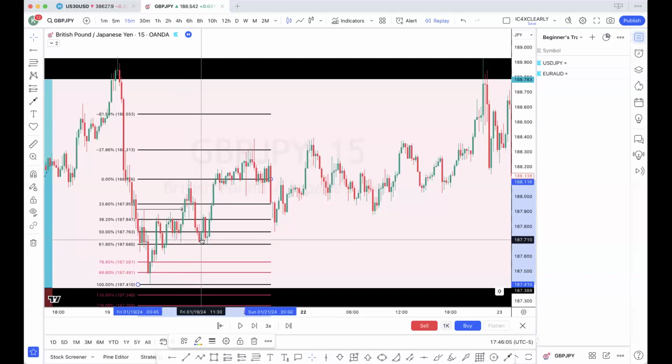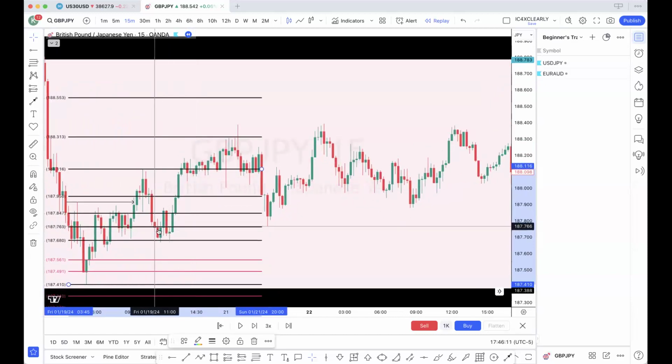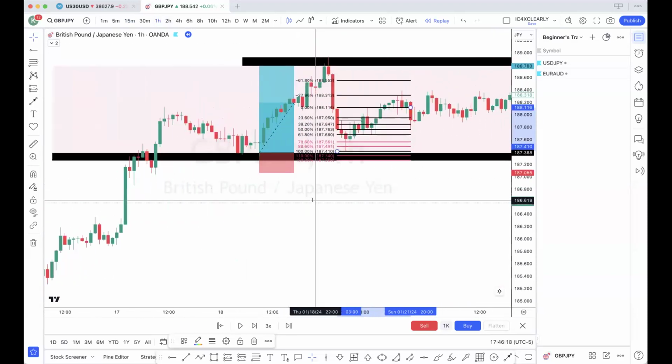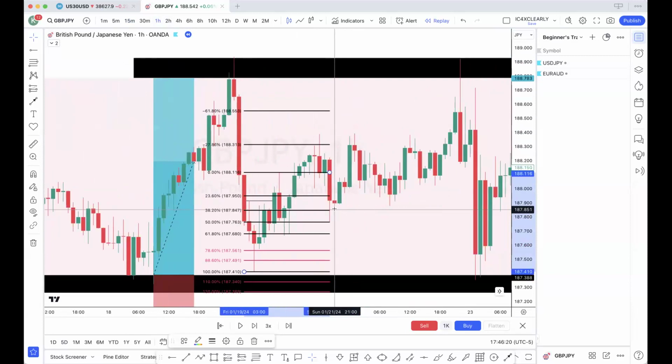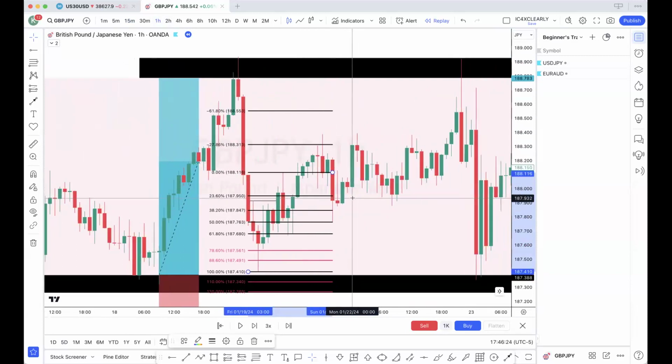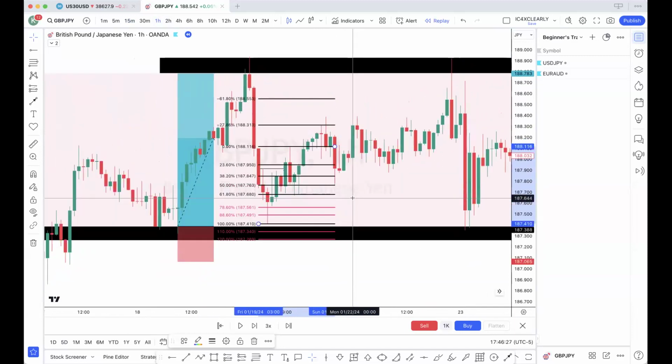So once price pulled back here and started, this right here is actually an order block on, probably, the 1 hour. So price broke, where's my break of structure?